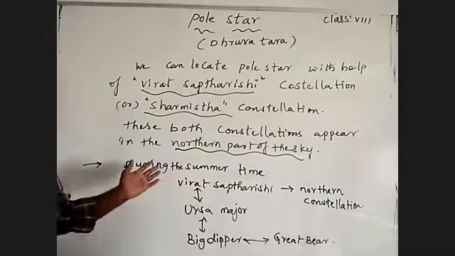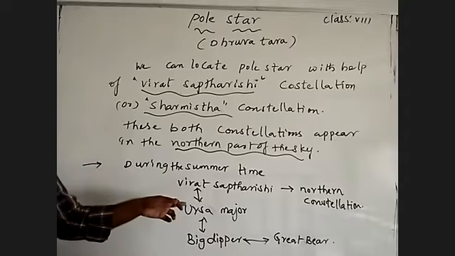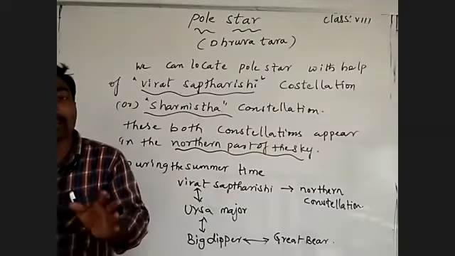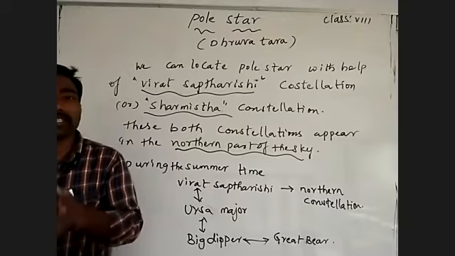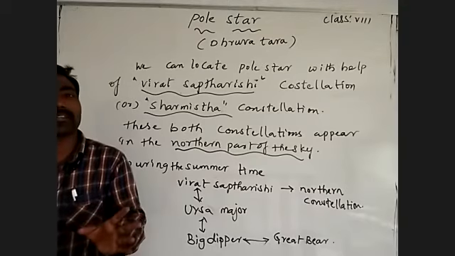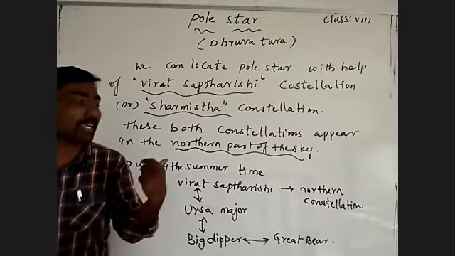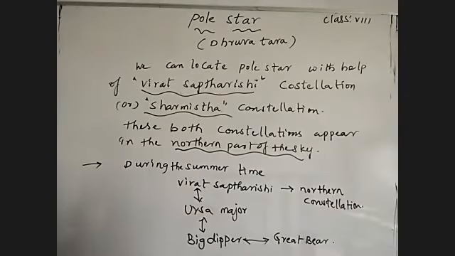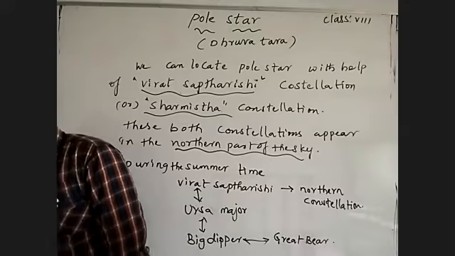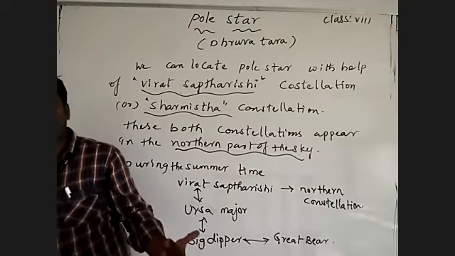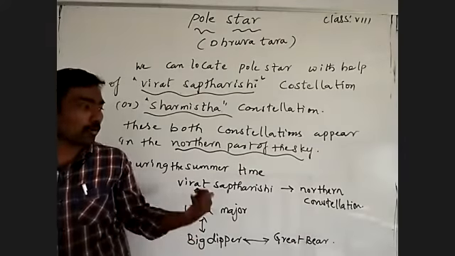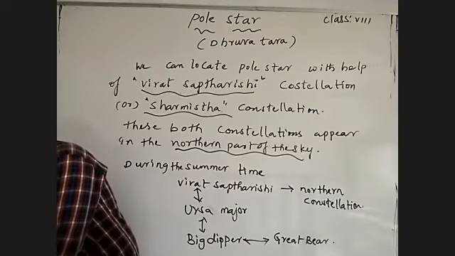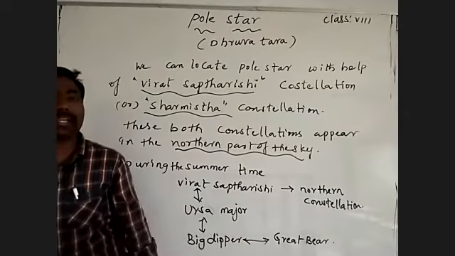Virat Saptarishi is formed during the summertime when you look in the earlier part of the night towards the northern sky. That's why it is called a northern constellation. Why do we call it by different names?